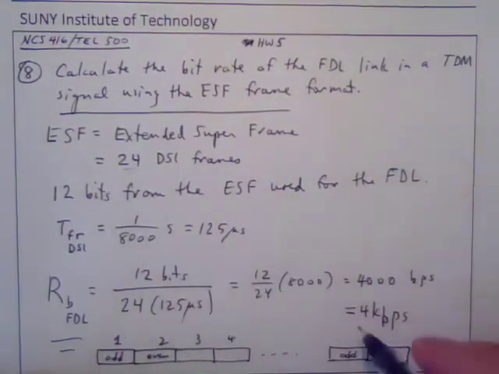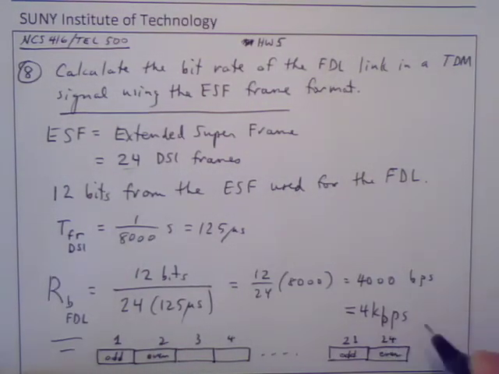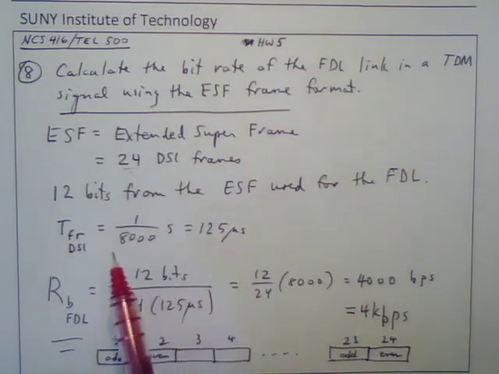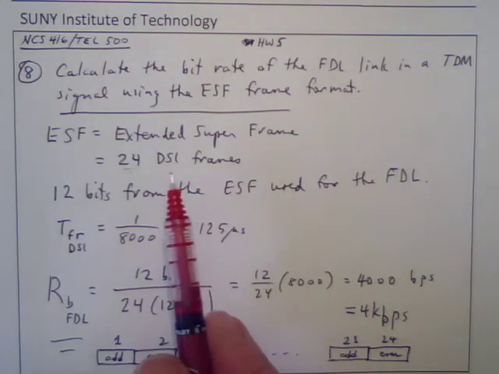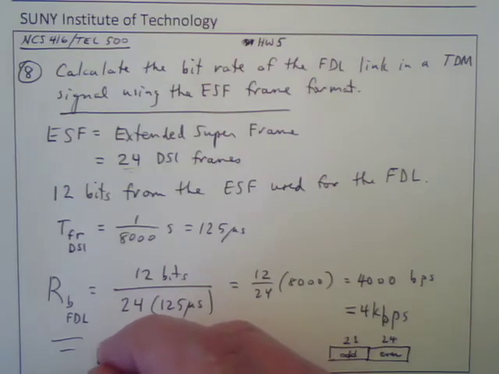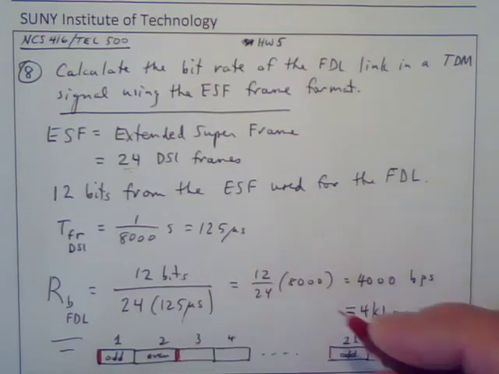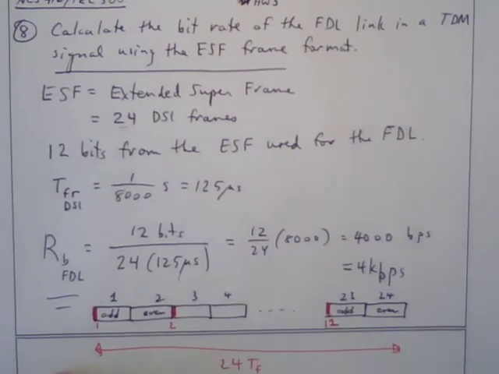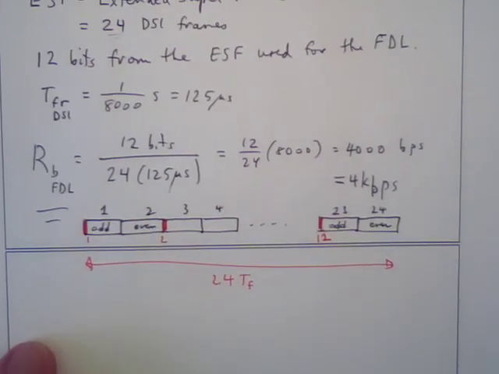Finally, there are 24 of them, 23, 24, and the framing bit from the odd ones, the odd numbers. Okay, so this framing bit, this framing bit, this framing bit, 1, 2, up to 12 of them. We get 12 bits in the time it takes for 24 frames. Oh, there we go. 12 bits in 24 frames.